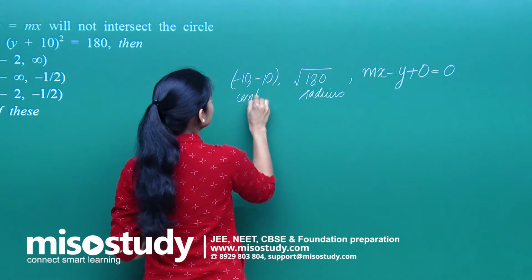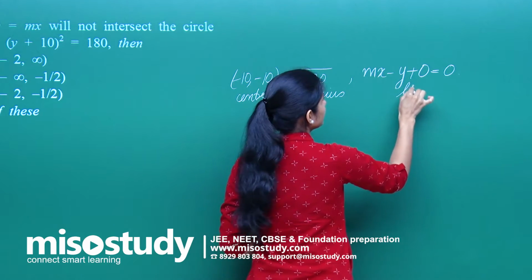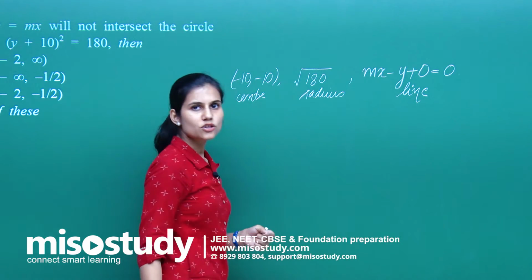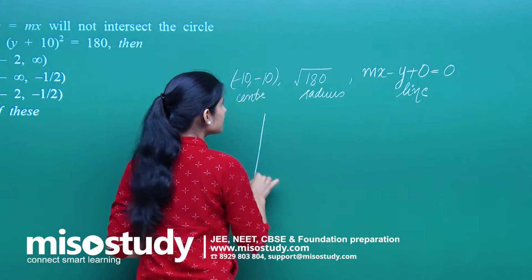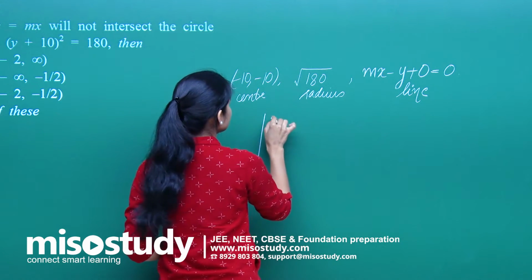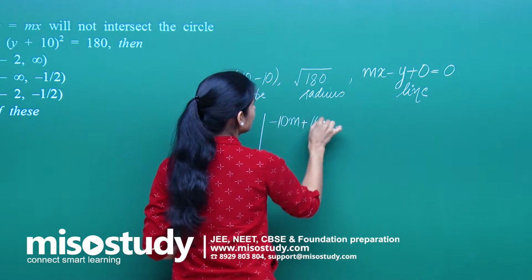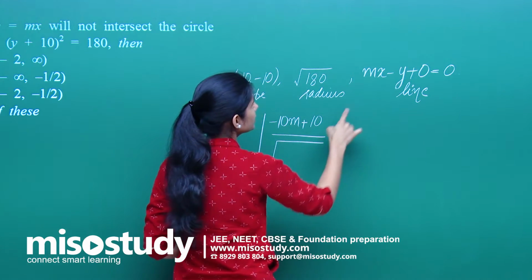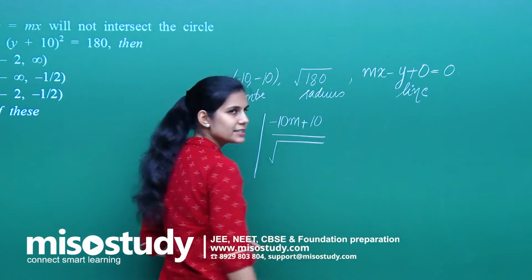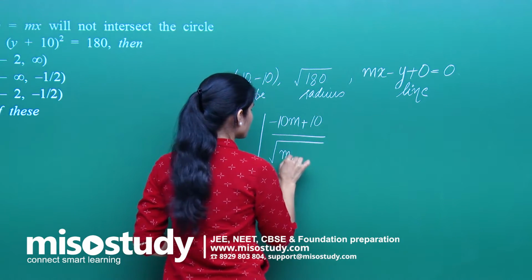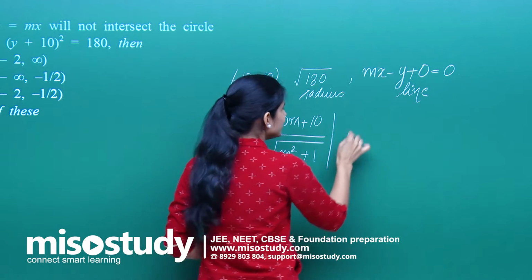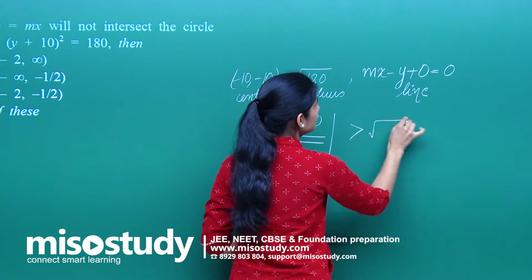This is the center and that's my line. Perpendicular distance of the line from the center is m into minus 10 minus minus 10 whole upon under root m square plus minus 1 whole square, so m square plus 1. This distance is greater than the radius.